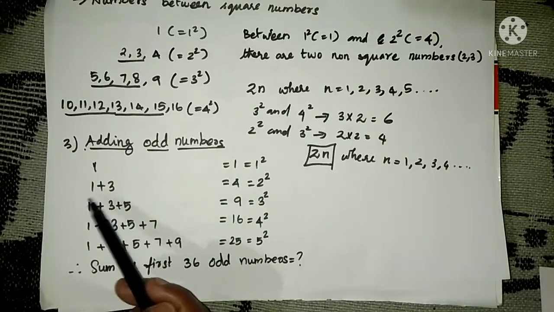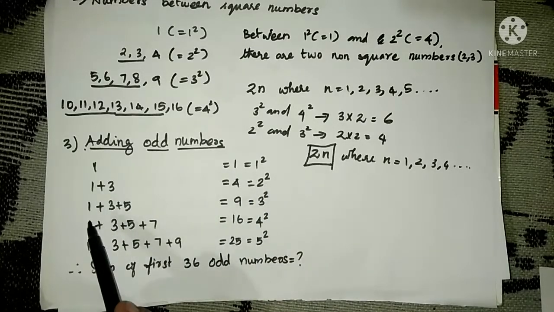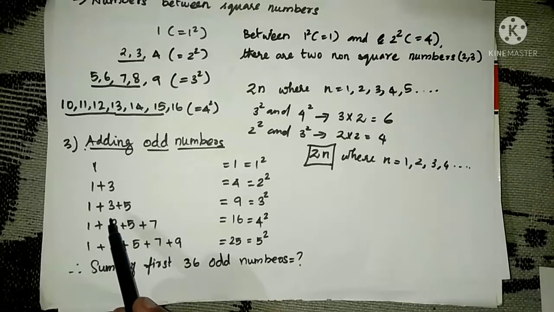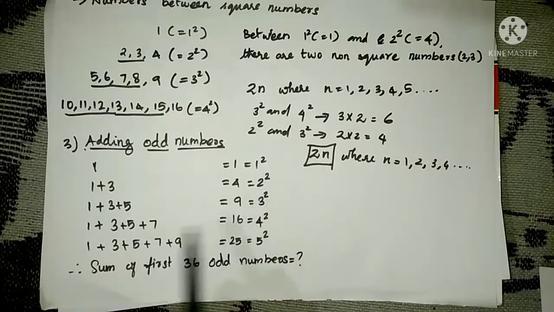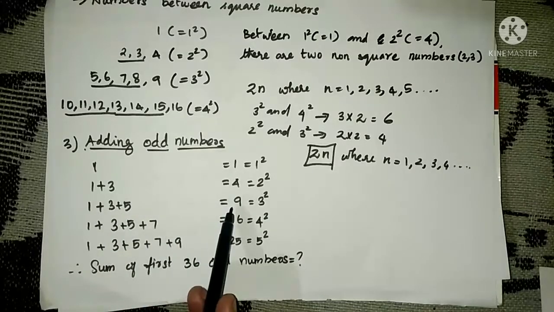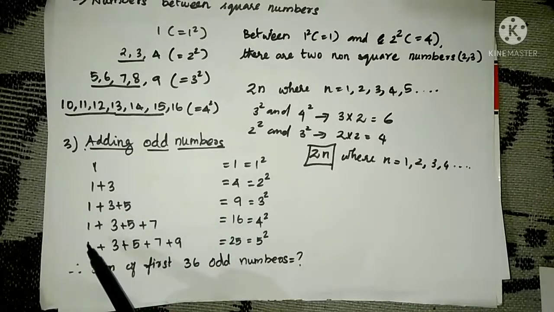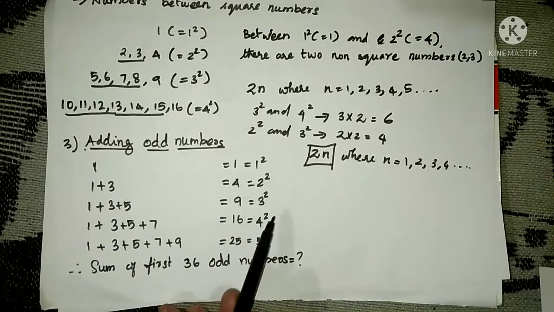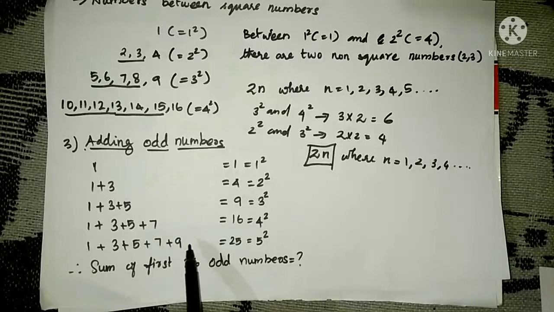See that here 2 numbers we are adding, 2 square. Next, 3 consecutive odd numbers, 3 square. When we add 1 plus 3 plus 5, that is equal to 9, that is 3 square. Next, first 4 numbers when we add, that is equal to 16, that is 4 square. First 5 numbers when we add, that is 25, that is 5 square.